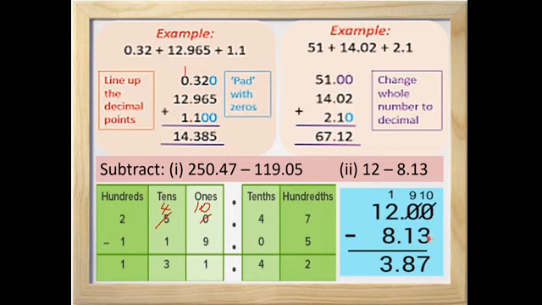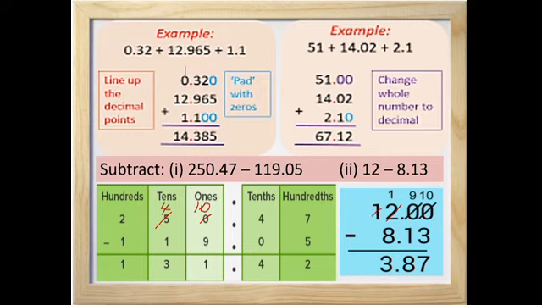Since we cannot subtract 3 from 0, we'll borrow 1 from the next place. Here again there is a 0, so we will borrow 1 from this 2, it becomes 10. And this 0 will become 9. And since we have borrowed 1 from 2, this has become 1. And since we cannot subtract 8 from 1, we have to borrow 1 from here.